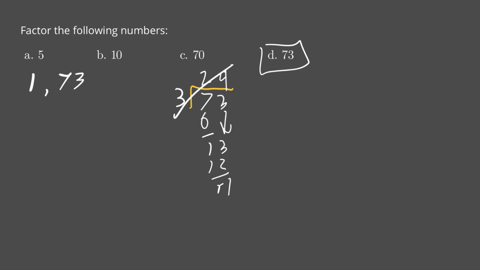Let's try 7. You can probably guess that 7 is not going to work because 7 times 10 is 70, and 7 times 11 is 77, so that will never equal 73. We could try 9, but that's not going to work. 11, we know 11 doesn't go into 73. So how about 13? That's an uncommon number that maybe would give us a hint.